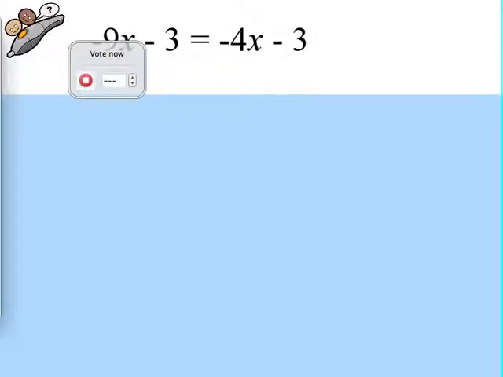All right, last problem. Let's go. -9x minus 3 equals -4x minus 3.